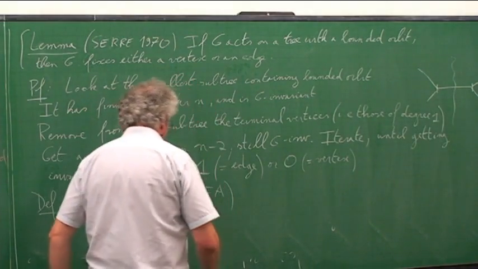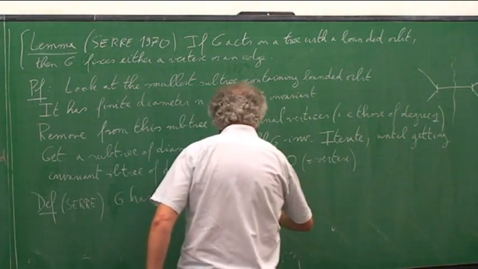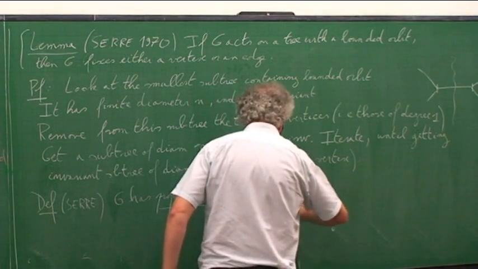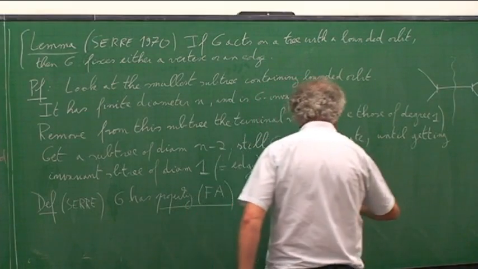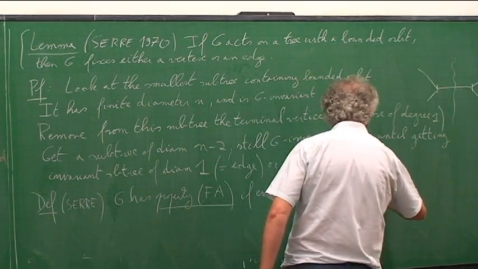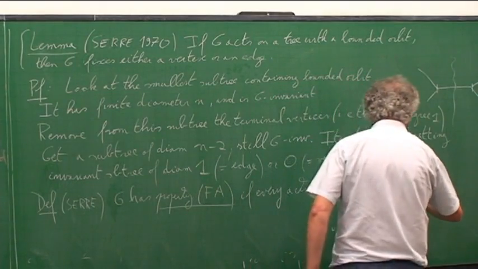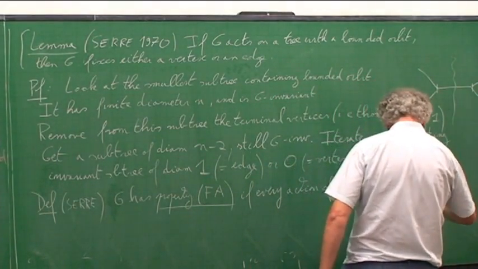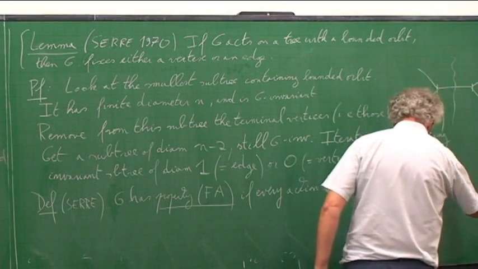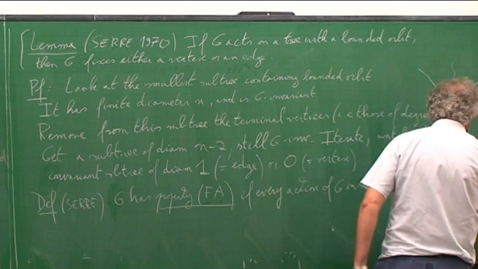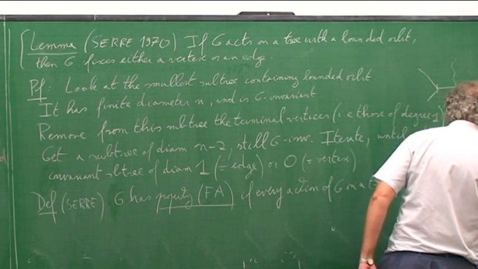So, G has property FA if every action of G on a tree fixes either a vertex or an edge.